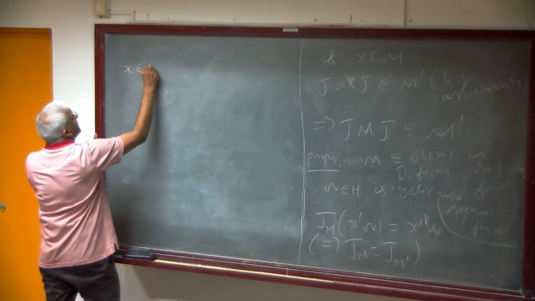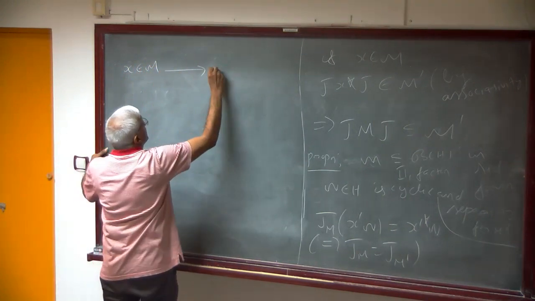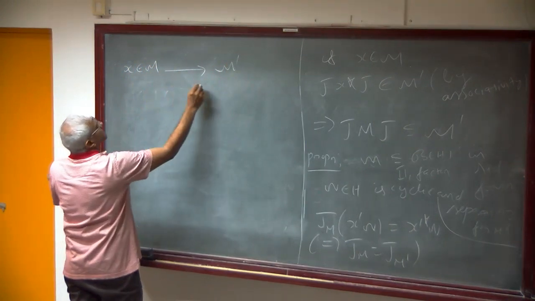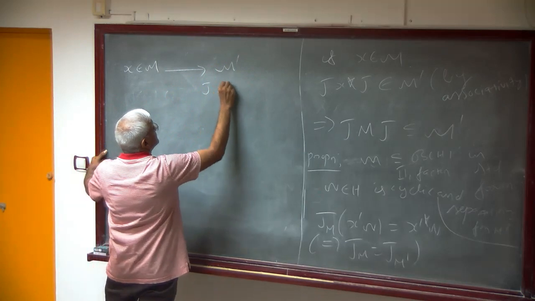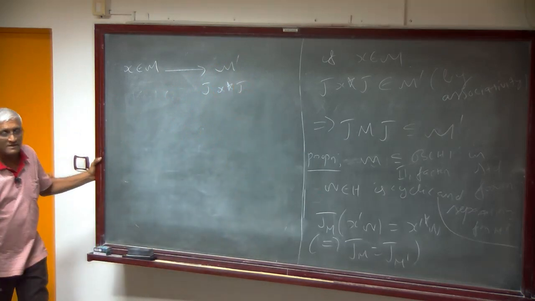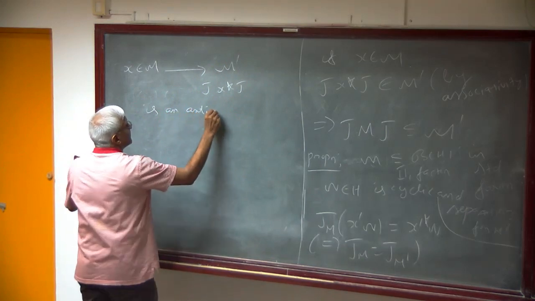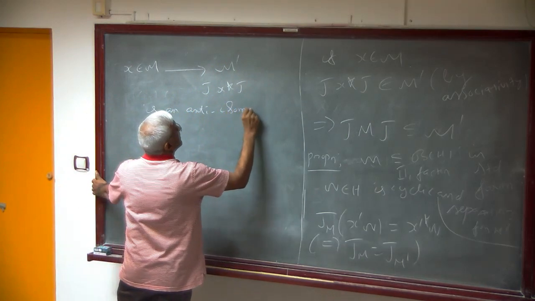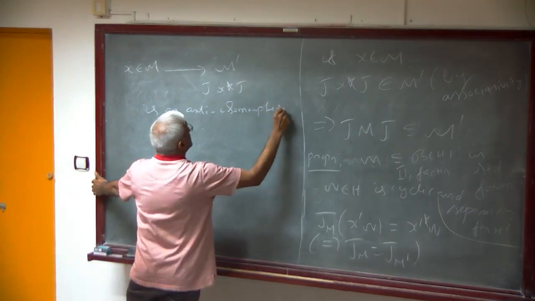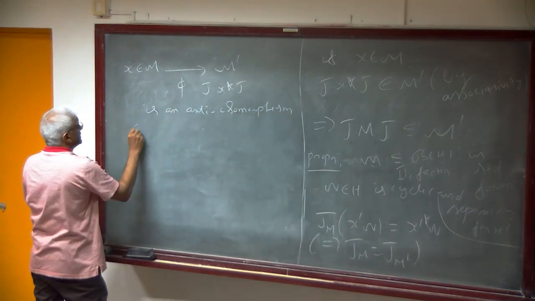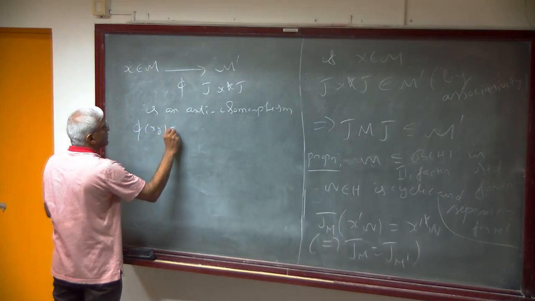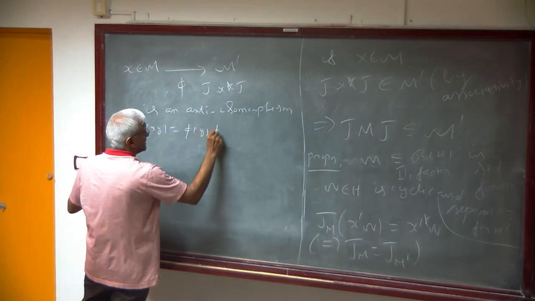X in M going to M prime, that is, here it goes to J x star J. This is an anti-isomorphism. You call it phi or something, then phi of xy is equal to phi of y, phi of x.